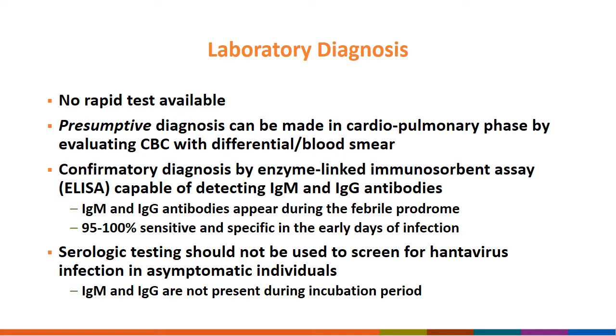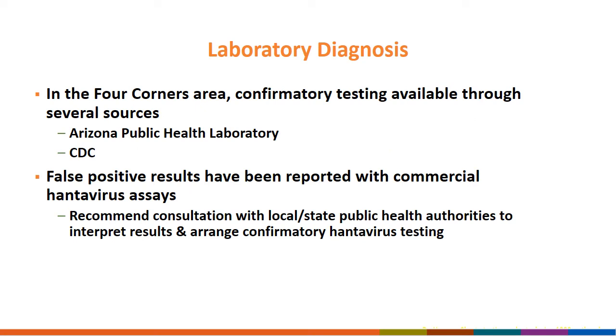Serological testing should not be used to screen for hantavirus infection in asymptomatic individuals because antibodies are not present during the incubation period. Confirmatory hantavirus testing is available through several sources within the Four Corners area, including the Arizona Public Health Laboratory, TriCore Reference Laboratories, and the CDC.